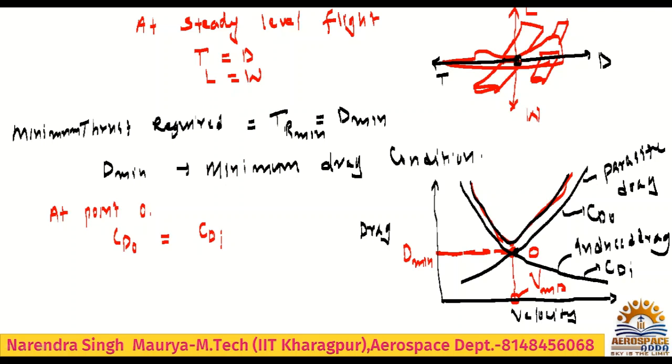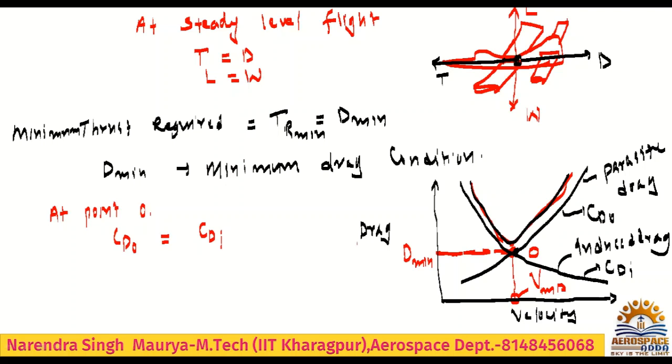That is the basic mathematics. As I mentioned, the y-axis is drag and the x-axis is velocity, and here we are showing the two types of drag, parasite drag and induced drag. This graph is the induced drag and this plot is the parasite drag. Both cut at one point, so obviously that point will have an equal value, first thing.